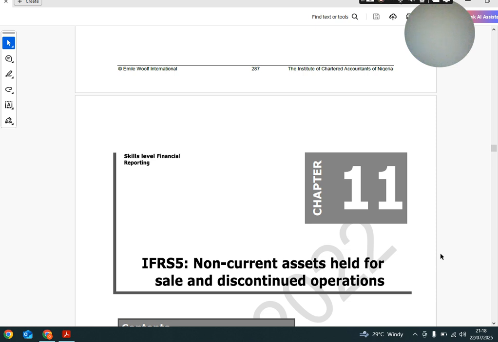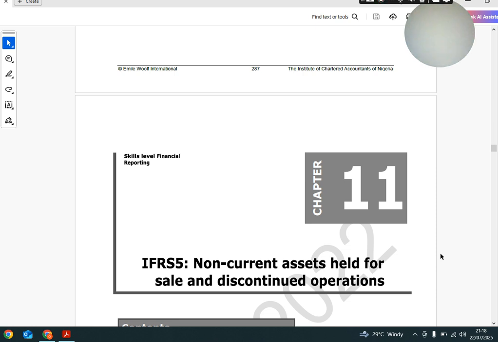This standard also does not cover agricultural assets or biological assets, right? IAS 41 does that. This standard also does not cover financial instruments, right?